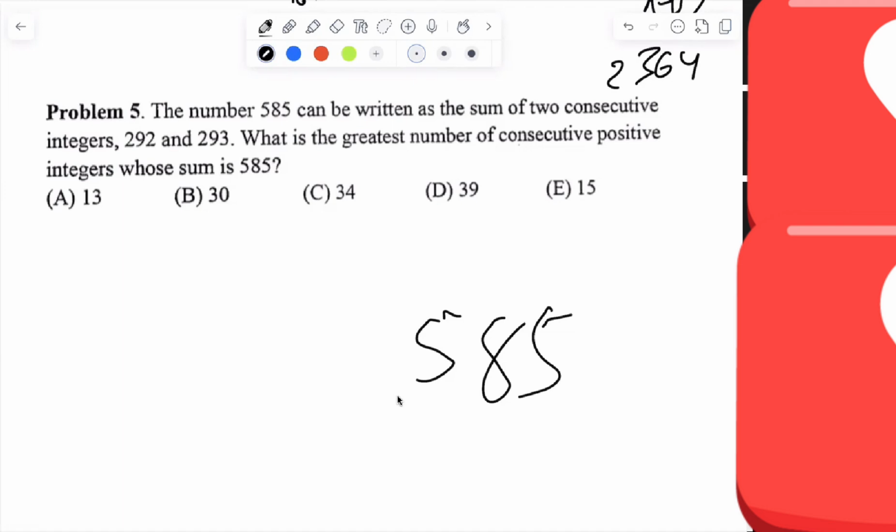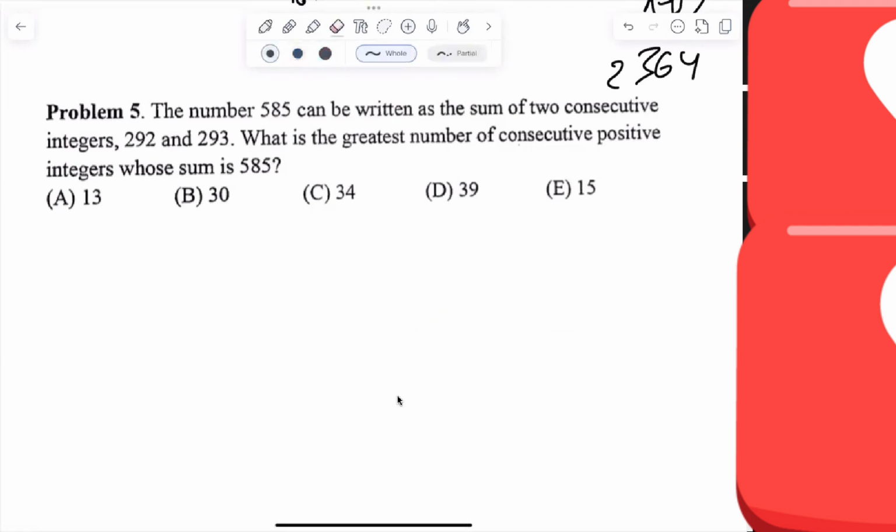So to get to 585, let's just look. So if it's 13 integers, 585 doesn't necessarily divide into it. I'm pretty sure it's not true. We can test it out. I don't think so.